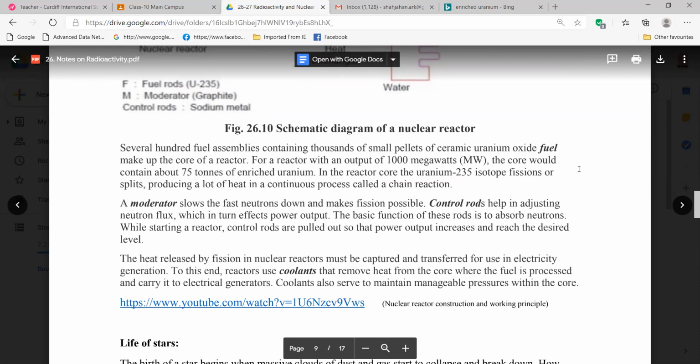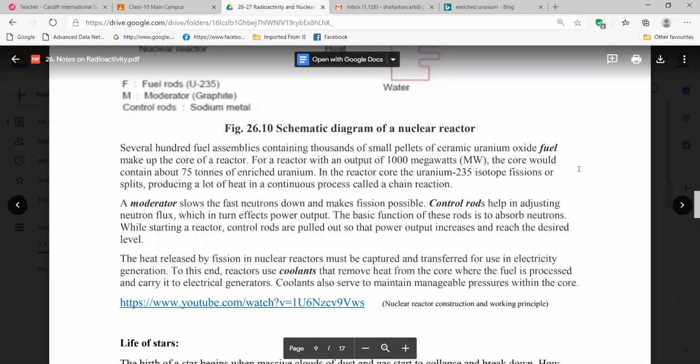The process by which we increase the amount of uranium-235 by isotope separation is called uranium enrichment, and the uranium we get from this process is called enriched uranium. Is it clear now? Yes, sir. Thank you. You are welcome. Then we get a very important thing here, a moderator.